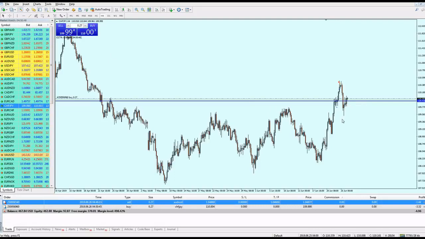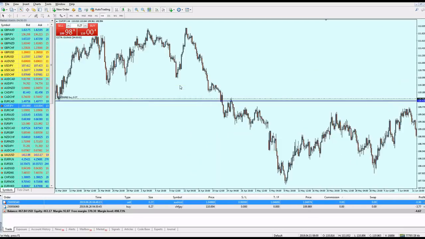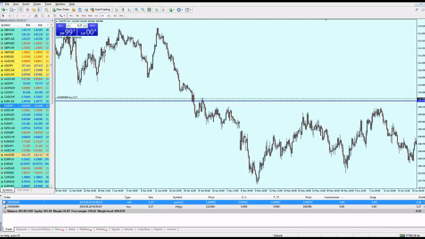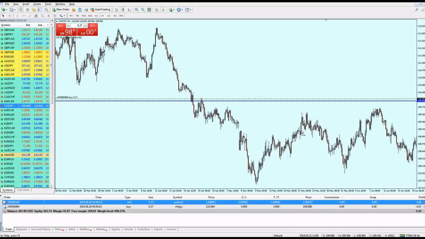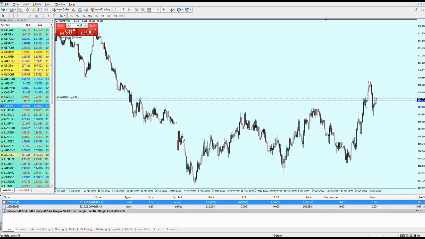Again, I need to explain the reason I took this trade. Please bear with me. We have this support level here, right? The same level of the support has become a new resistance right here. Remember, I'm on the 4-hour chart. Going more to the left, we can see that this resistance had been broken out immediately.